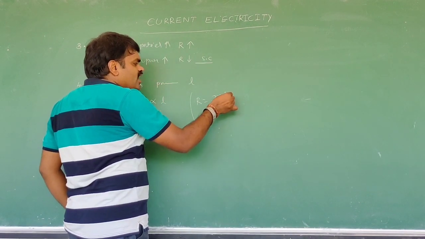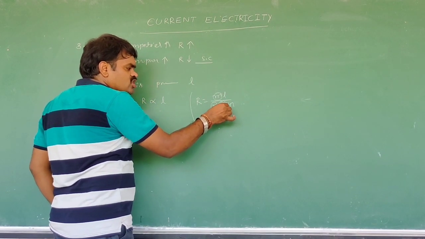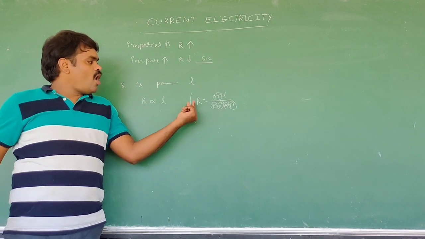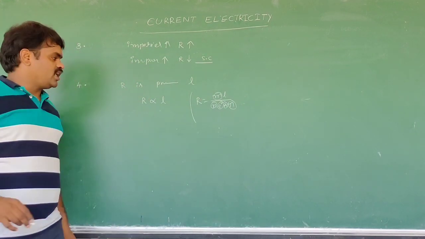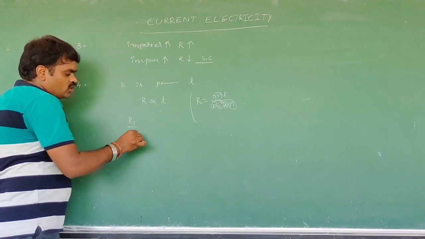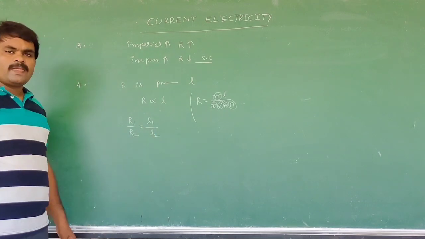Here m, e, A are constant, given the cross section of the conductor at a given temperature, so R is directly proportional to L. Then we can write R1 by R2 is equal to L1 by L2.